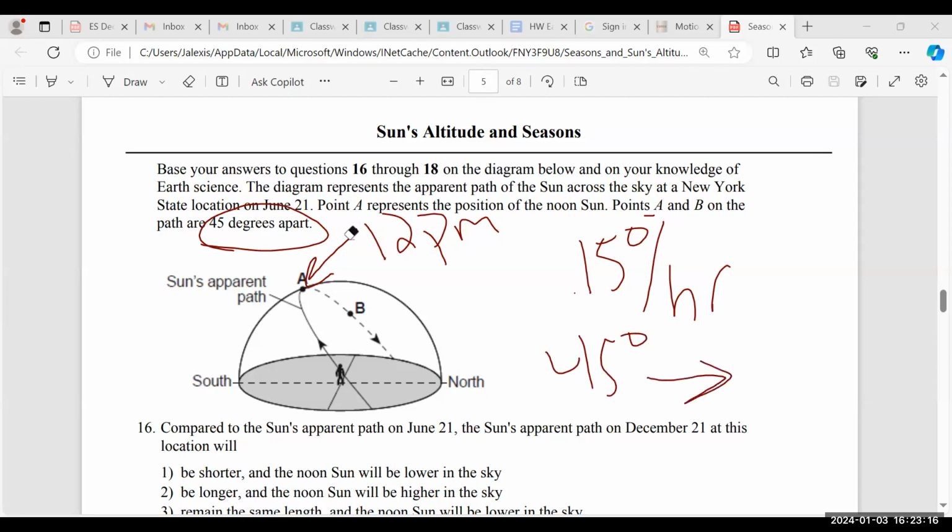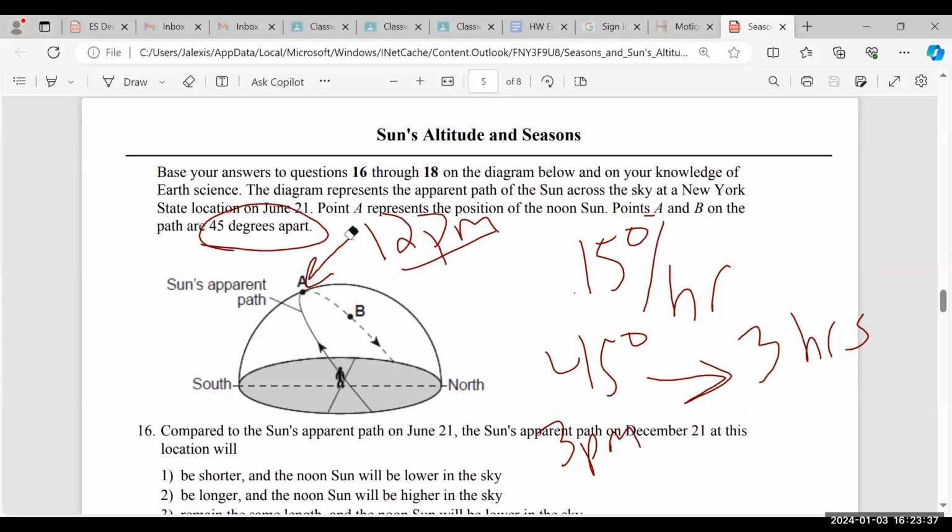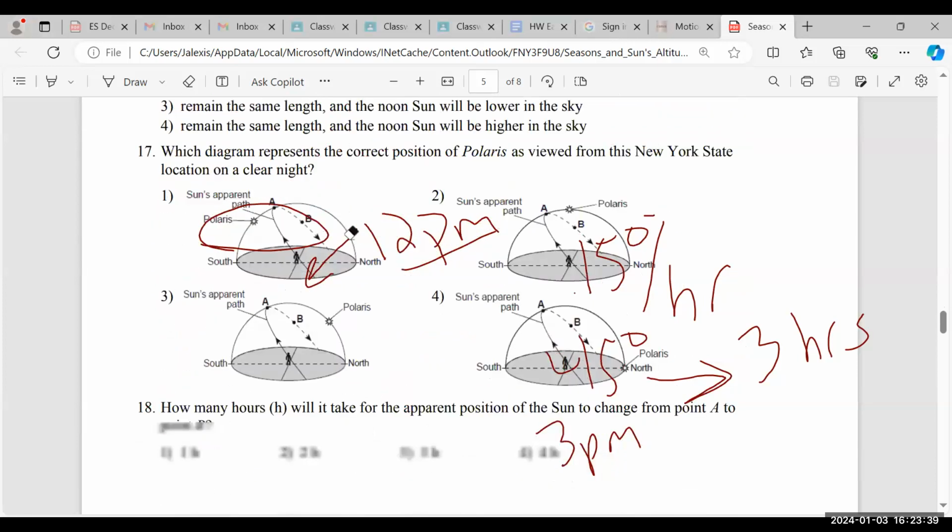If we're moving at a rate of 15 degrees per hour, then in 45 degrees, it traveled 3 hours. What's 3 hours past 12 p.m.? 3 p.m., right? But the question only asked how many hours did it travel? And we got the answer right here.